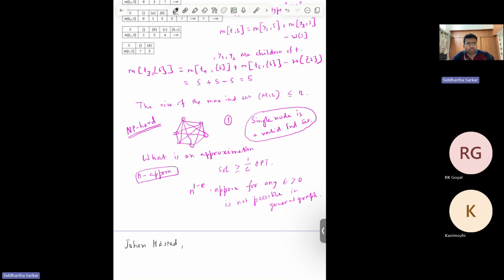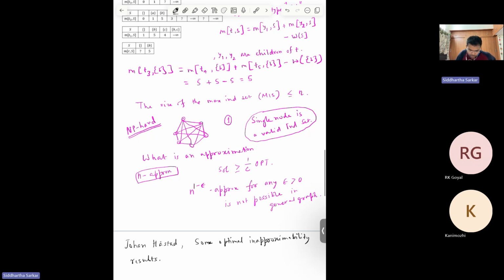Yeah, this is a 2001 paper. It's called Some optimal inapproximability results.